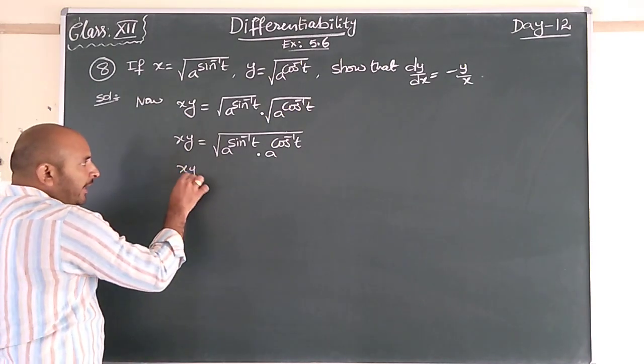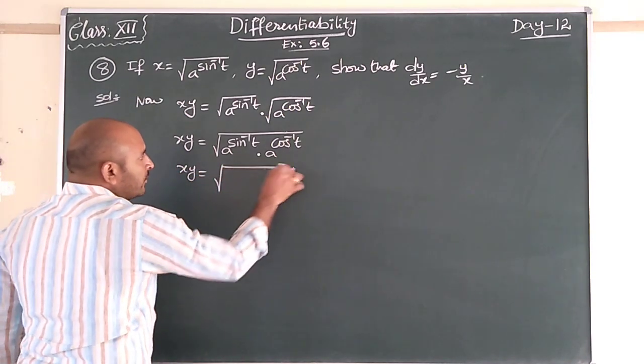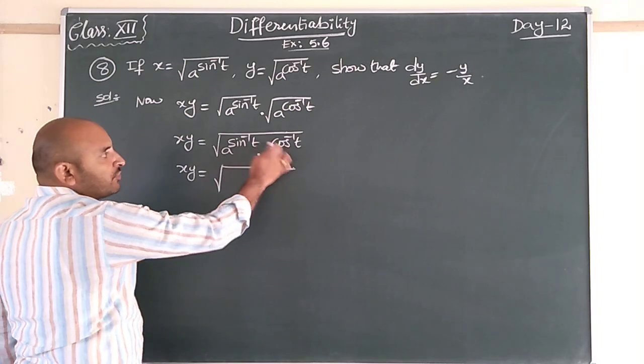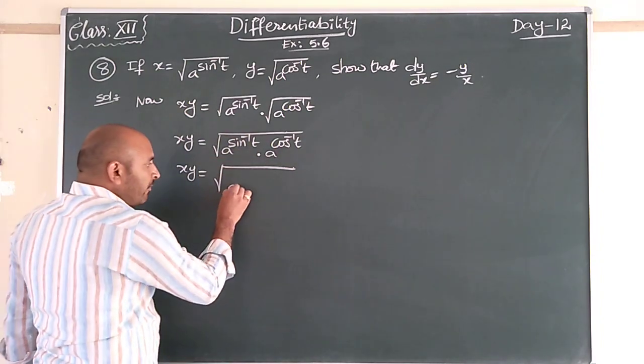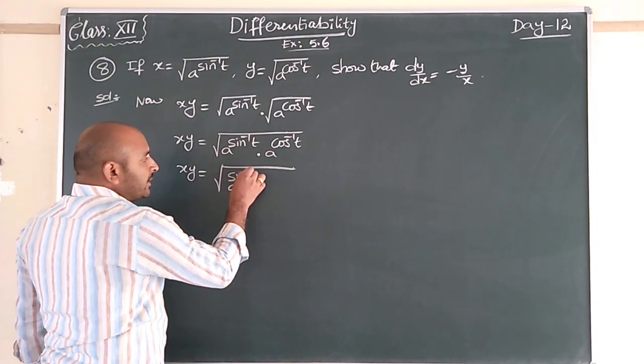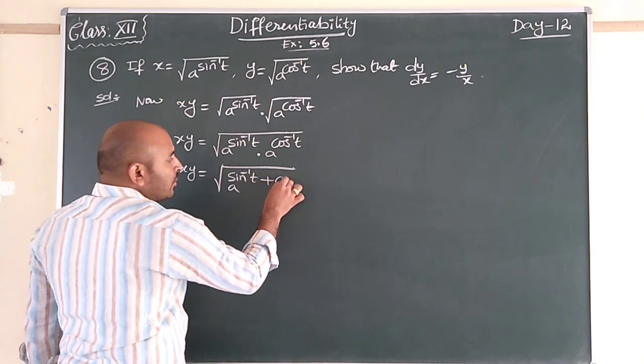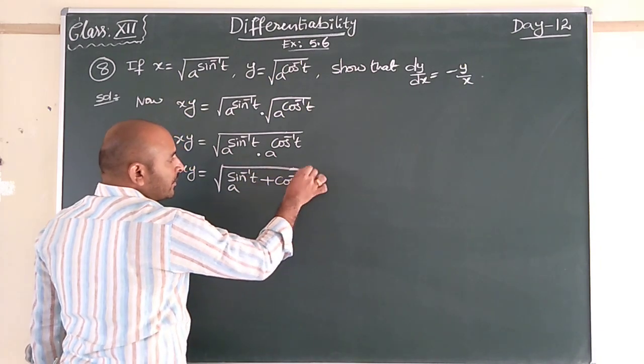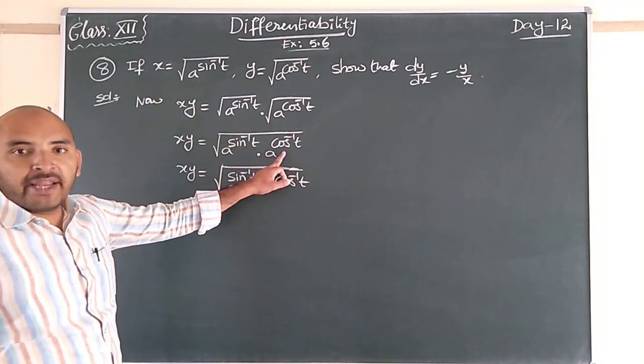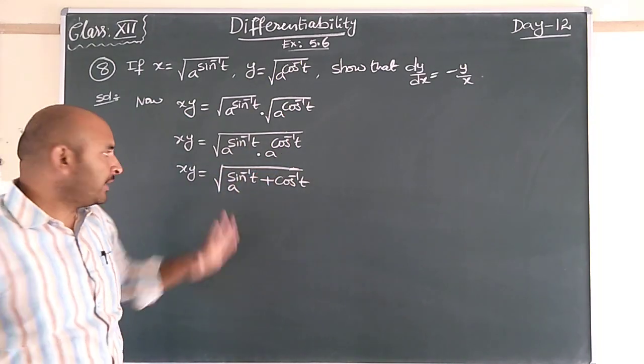So xy is equal to root of, here the bases are the same, so powers will be added: a power sin inverse t plus cos inverse t. a power m into a power n is a power m plus n.